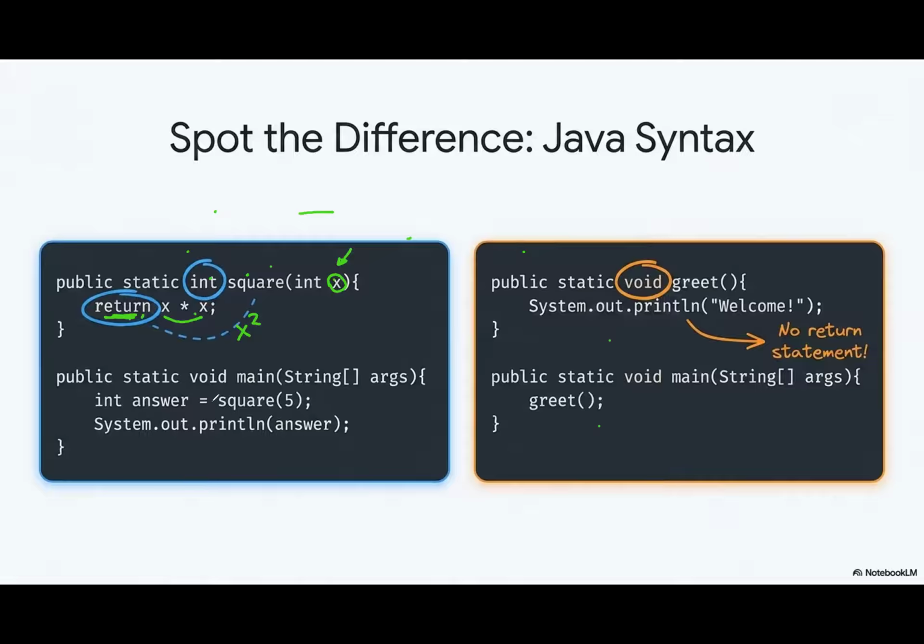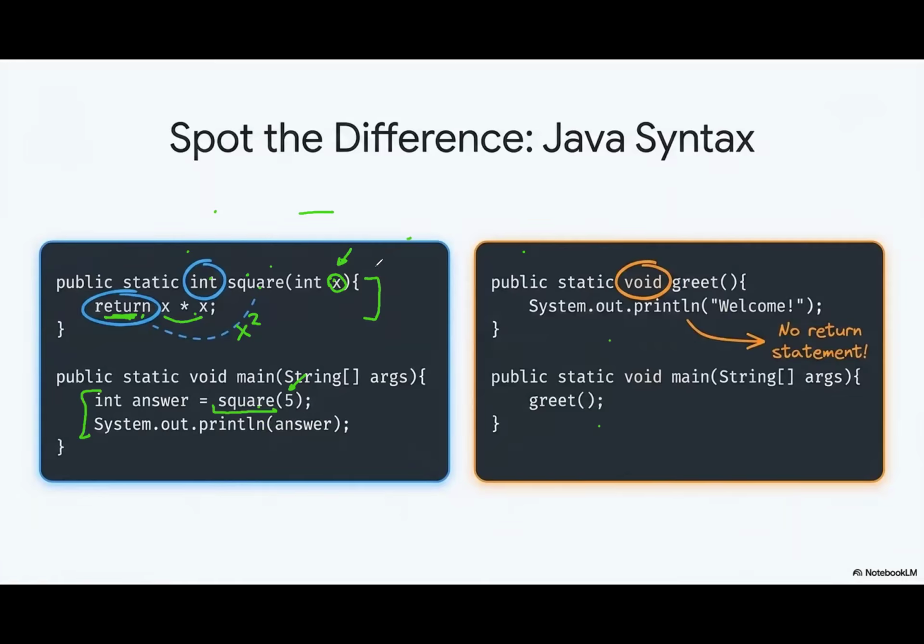So how does it look, how can I use this method? This is the definition, but it doesn't show me how I can use it. To use it, we need to call it inside the void main in the driver class. If you look here, this is the method name, and this is the input. So I am calling square, and I'm passing it 5.